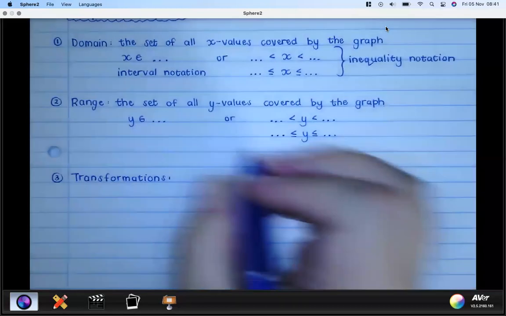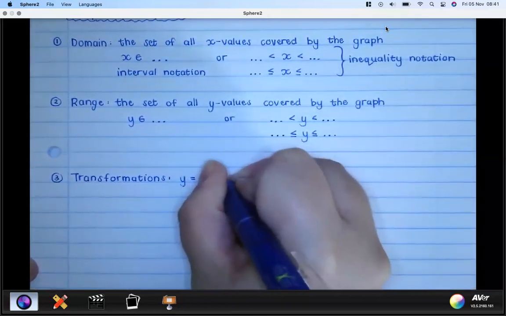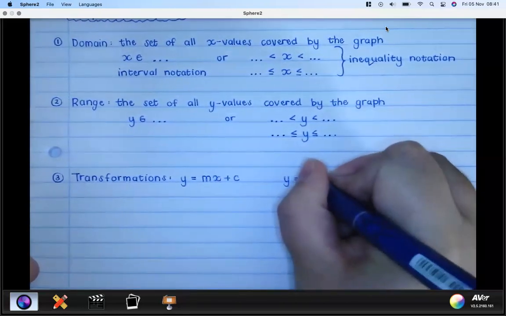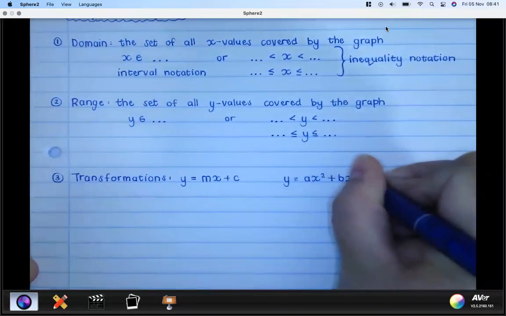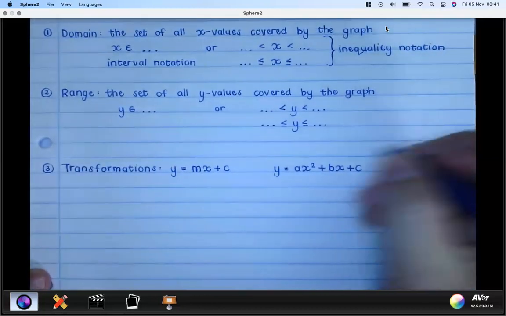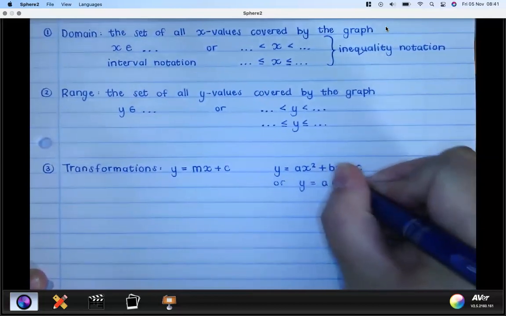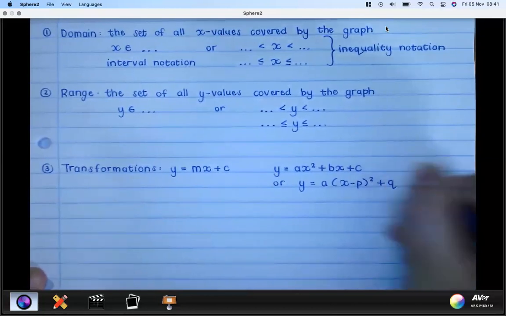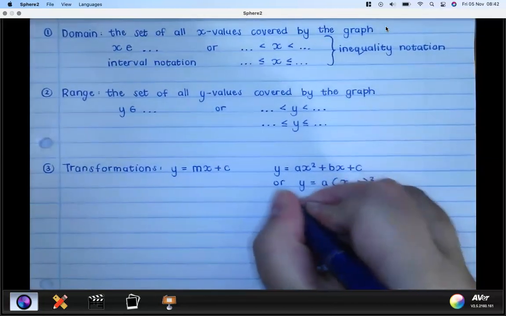Now, guys, I just want us to write down the standard forms that we have. We have y equals mx plus c. We have y equals, and now for this one, I'm just going to write down 2 of the standard forms. That's the standard form of a parabola, but then we also have y equals a, x minus p squared plus q. Or let's just write the third one.